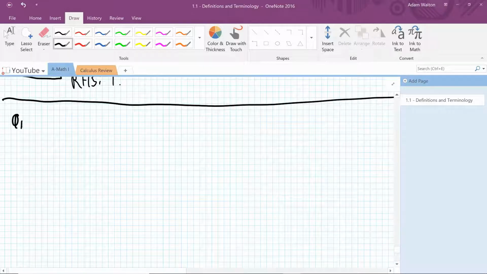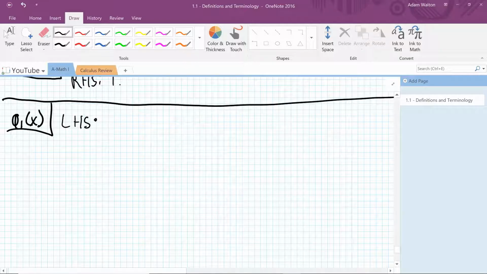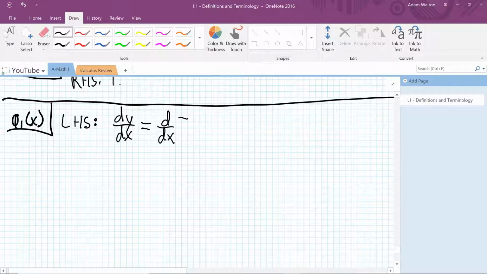Again, starting out with phi 1 of x. So our left-hand side substitution approach. So we have dy dx, which is equal now to the derivative, with respect to x of course, of the square root of 1 minus x squared. So here we have some more chain rule action. So we have the derivative of the square root of whatever is inside, right?